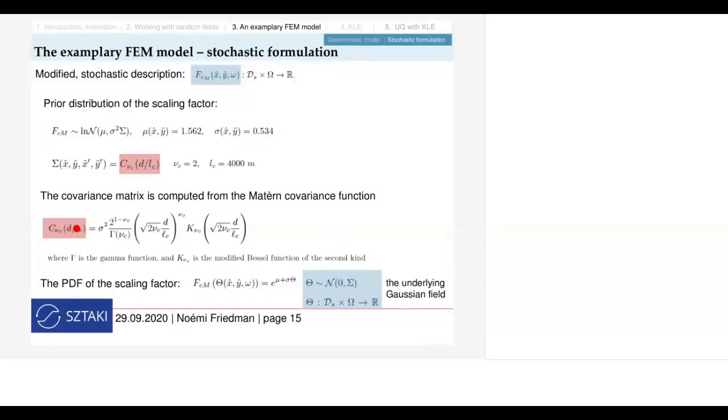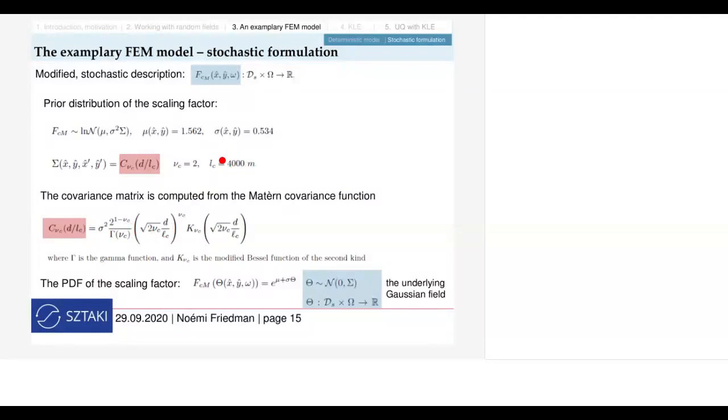And it also depends on some correlation length and this nu value, which gives you how smooth the functions you will get. So I fixed the nu value to a value of 2, which is somewhere in between, a bit rougher than a Gaussian covariance function.